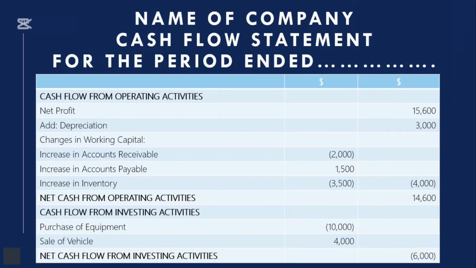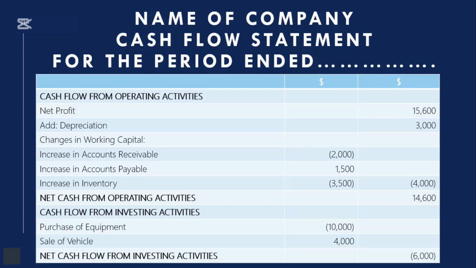And then afterwards, we have our working here to show for changes in working capital, which would have been our increase in accounts receivable, giving us a negative 2,000, increase in accounts payable of 1,500, and increase in inventory of negative 3,500, giving us a net cash outflow of $4,000. And therefore, when we total our net cash flow from operating activities, we get 14,600.